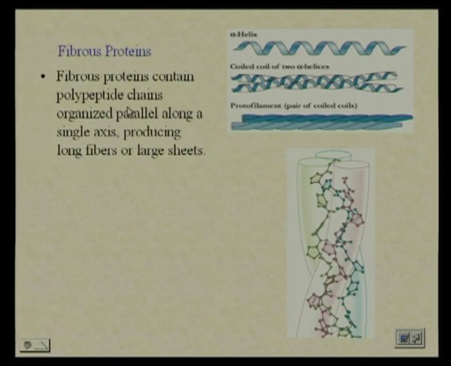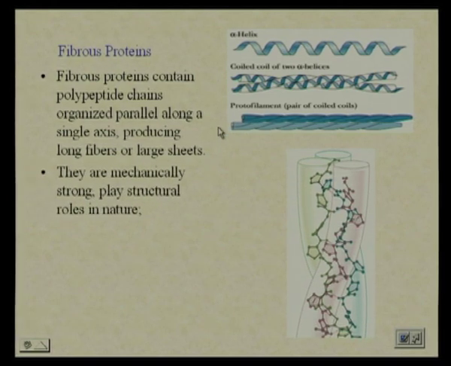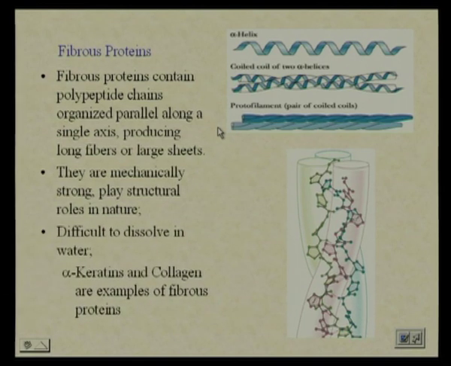So, what we have in fibrous proteins, as you can see here, if you have a single alpha helix, you can have a coiled coil of 2 helices, or you could have what is called a triple helix, as you have in this case. So, the interactions here would result in what is called a fiber.